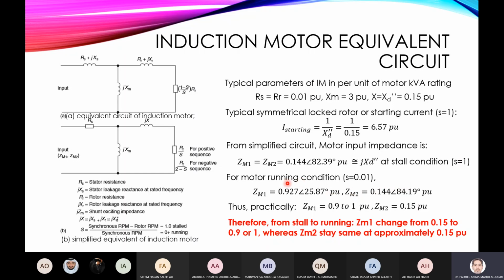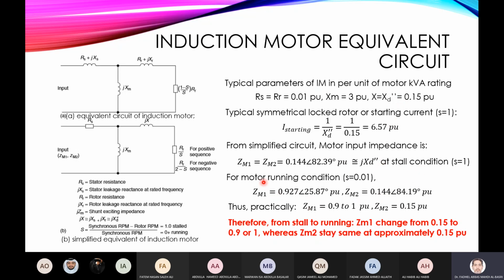When the motor is running, slip becomes very close to 0, and at that condition the input impedance becomes this for the positive sequence impedance. Substituting the parameters here, I get almost 0.9 or 1 per unit, and the negative sequence impedance is the same as at standstill.